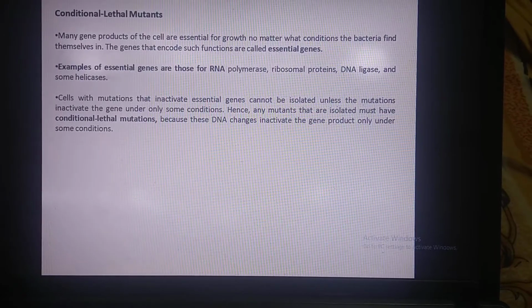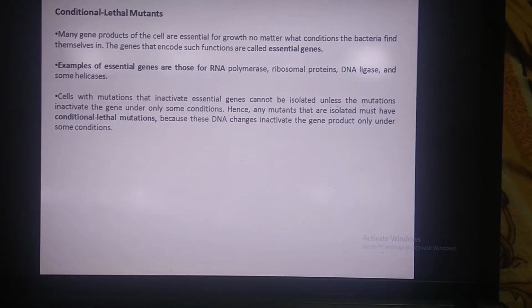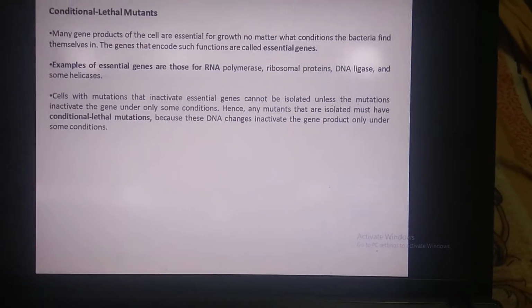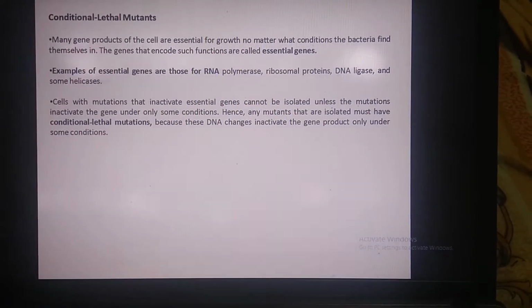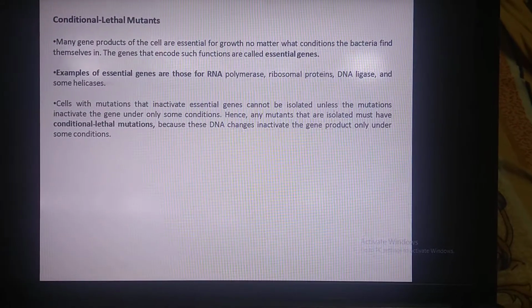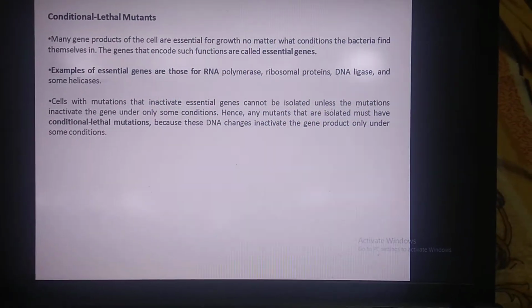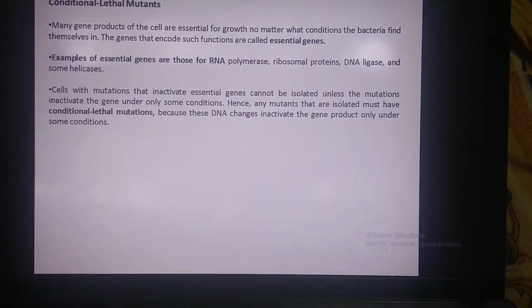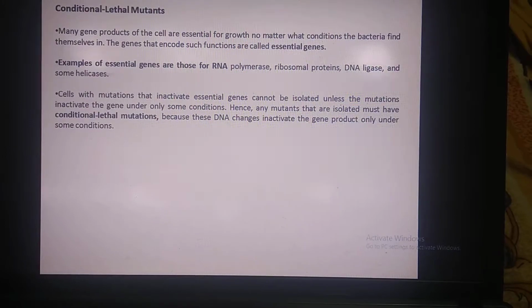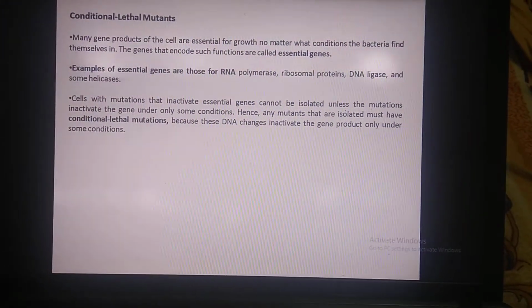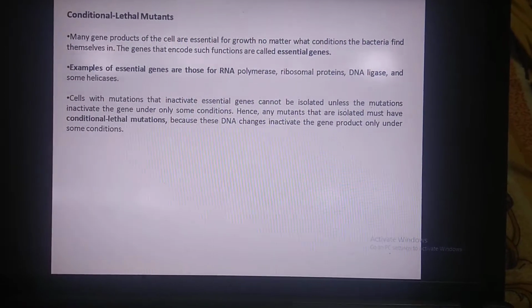These mutations occurred in some essential genes which are very essential for growth, but cells with mutations that inactivate the essential genes cannot be isolated unless the mutations inactivate the gene only under some conditions, right?